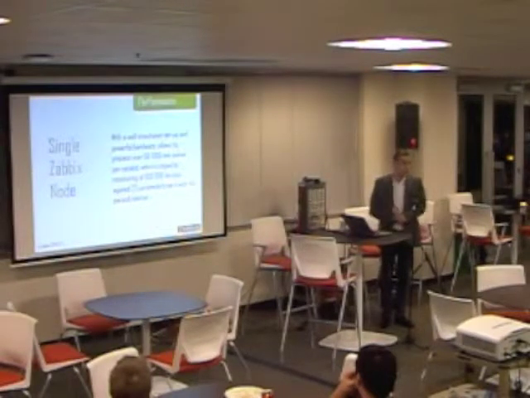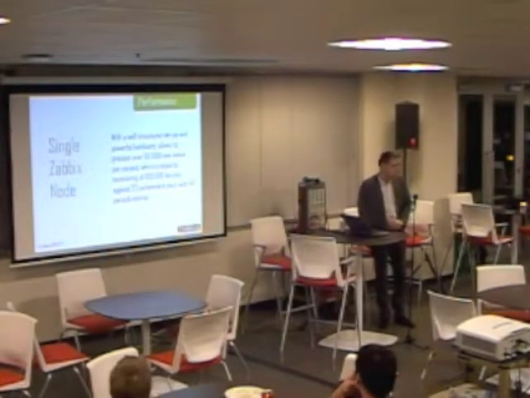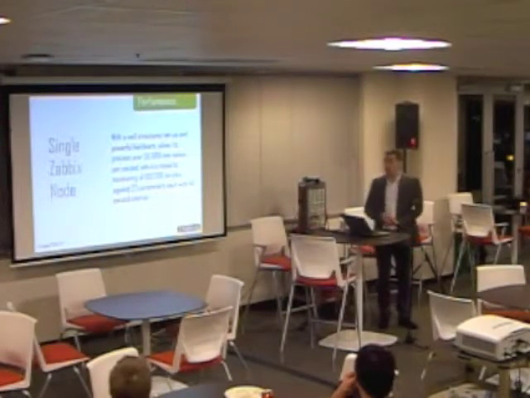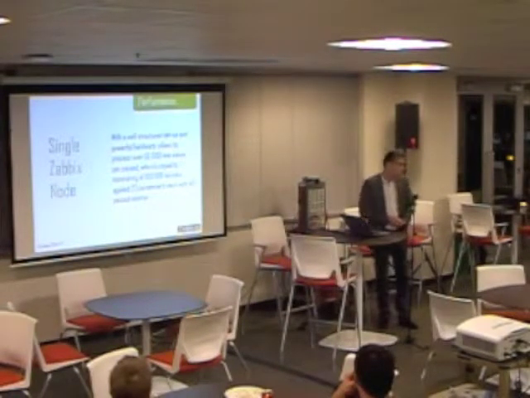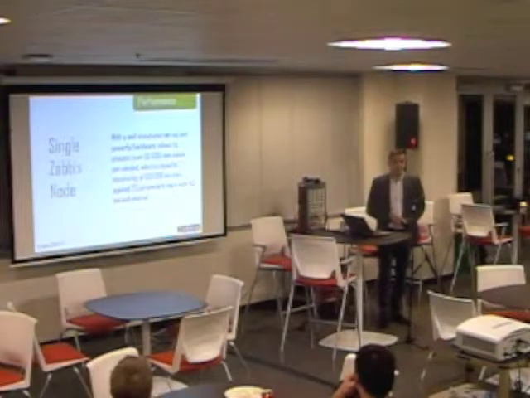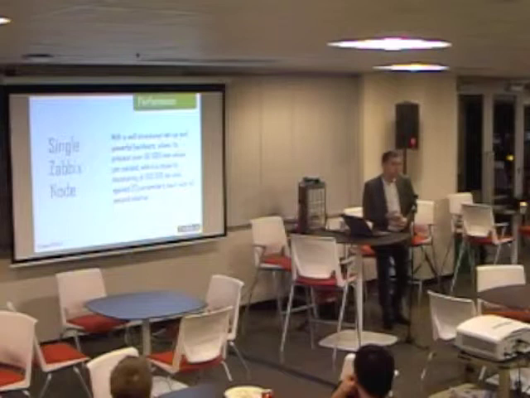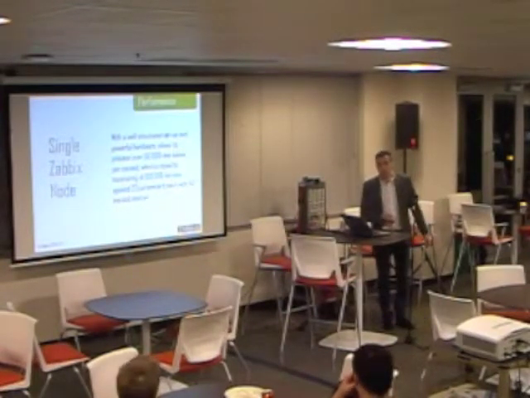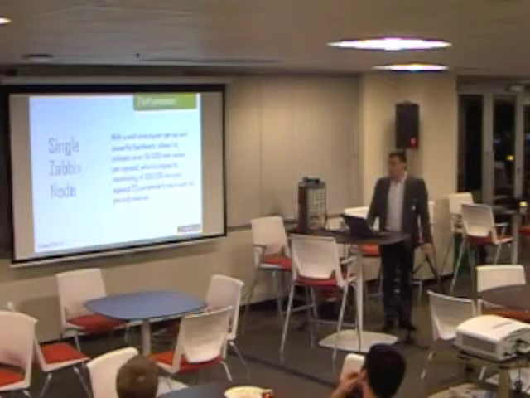We do have examples with even up to 100,000 devices being monitored with Zabbix, and that is pretty awesome. You can monitor both your data center and office, and you can monitor your remote branches, no matter whether they are located in America, in Europe, or in Australia. So that all can be done.